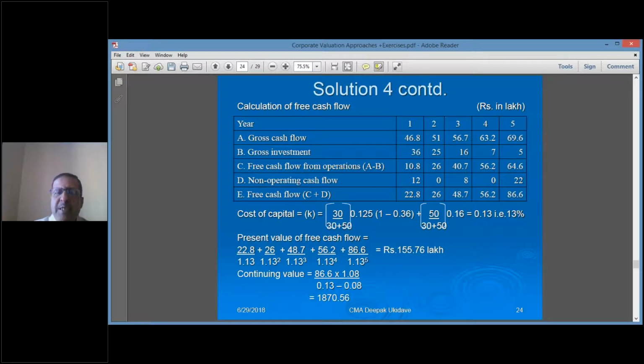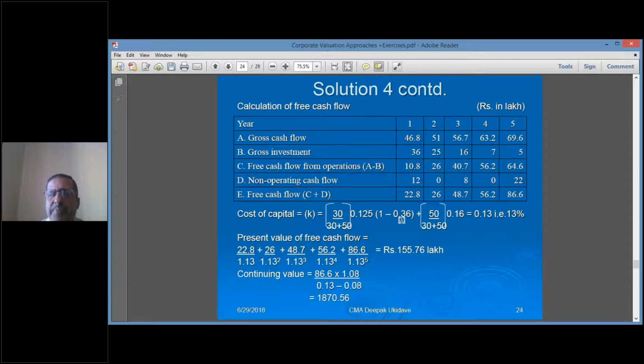That is 13%. Cost of capital, or weighted average cost of capital, is 30 into 0.125 into 1 minus tax rate. Tax rate is given as 36%. You did not consider that at all. 1 minus T. 12.5 is KD, KD into 1 minus T. This is pre-tax, so assume it to be pre-tax if nothing is given.